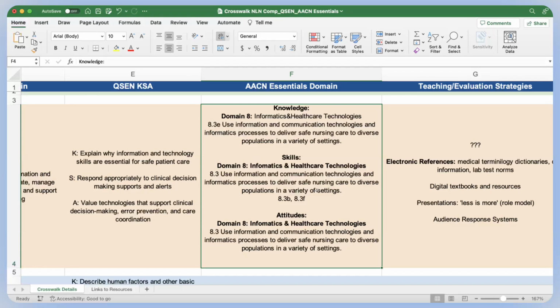And then we have skills, domain 8.3, specifically, using information and communication technologies and informatics processes to deliver safe nursing care to diverse populations in a variety of settings. So that's 8.3B and 8.3F.